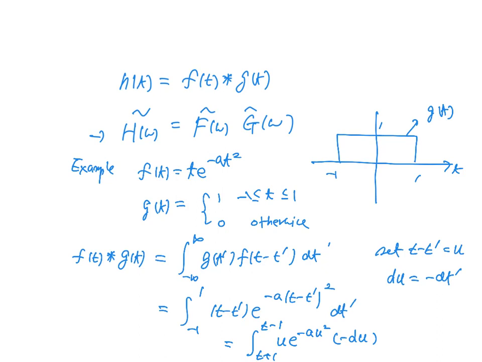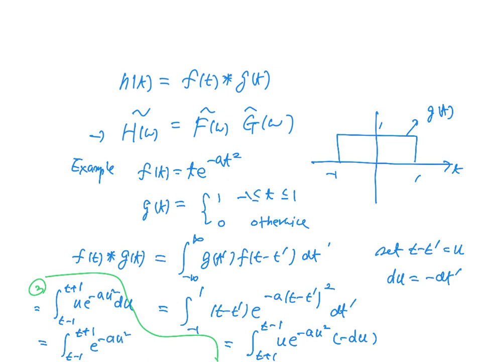So the whole integration is from t - 1 to t + 1 of e^{-au^2} du. Wait, I need the factor u, so it is u e^{-au^2} du. Let's make a space here, 3.